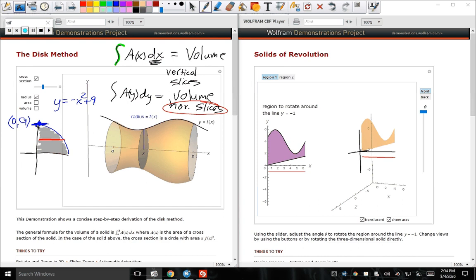Go with me? What would this point be at the x-intercept? (3, 0). Because in the equation, that's when it would satisfy having 0 as the y value. Go with me? So for this one, if they were horizontal slices just like this, I would have from what to what?